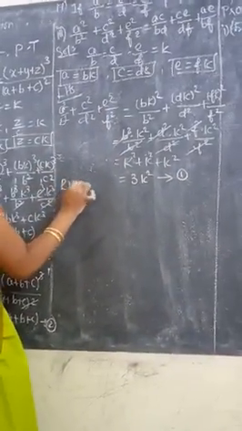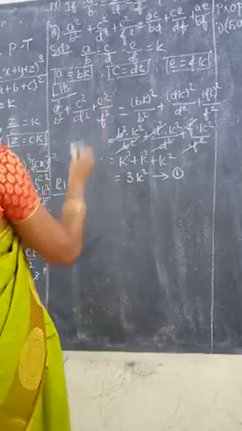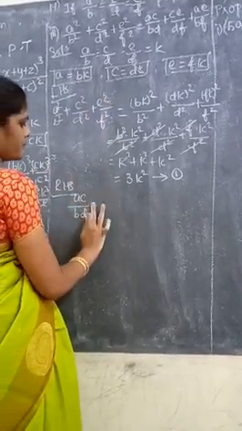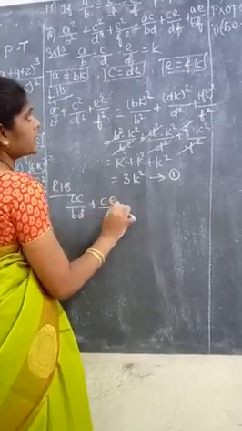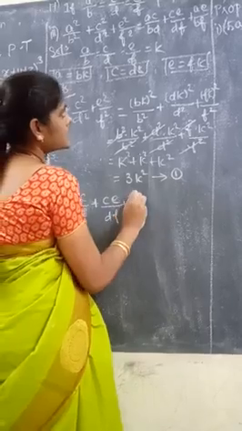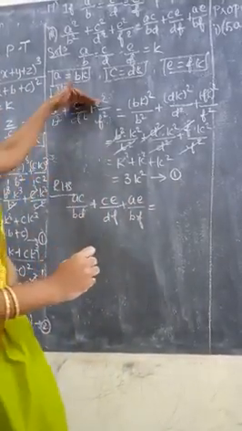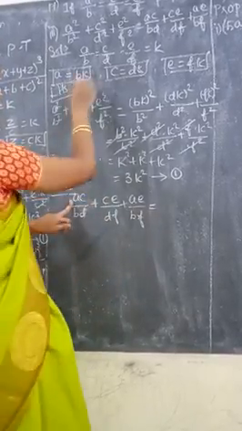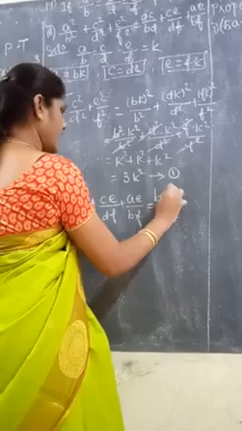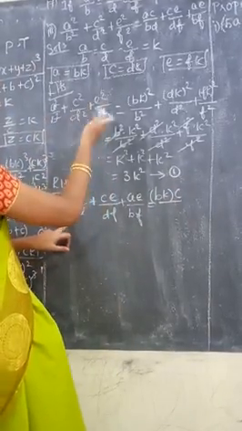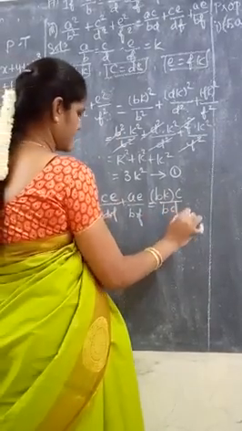In the same way, take the right hand side. What is the right hand side? ac by bd plus ce by df plus ae by bf. Now same thing, you are going to apply the a, c, e values here. What is the a value? bk. So bk into c by bd, the same thing.